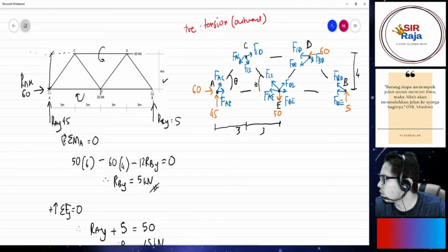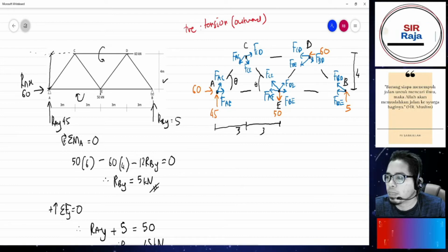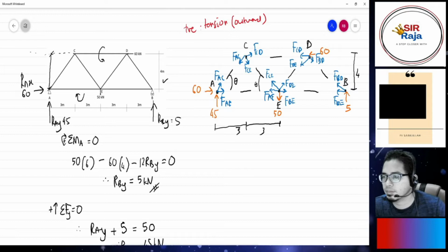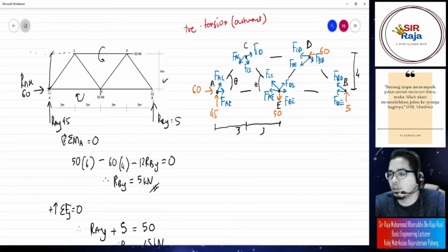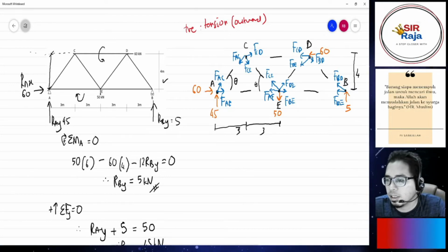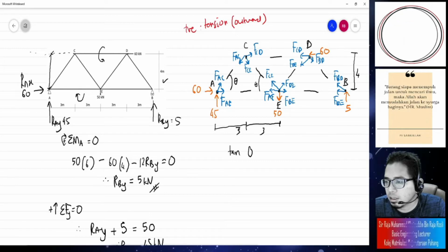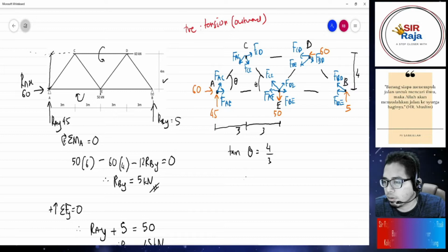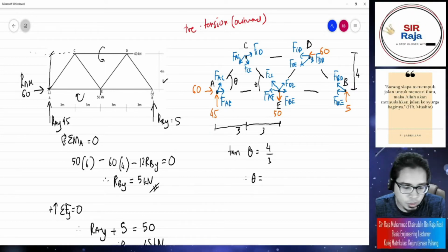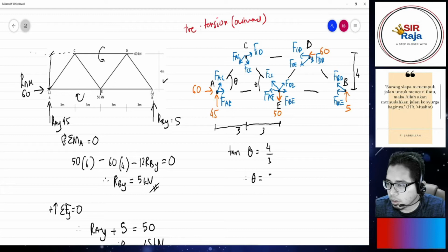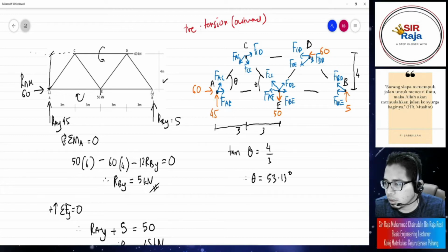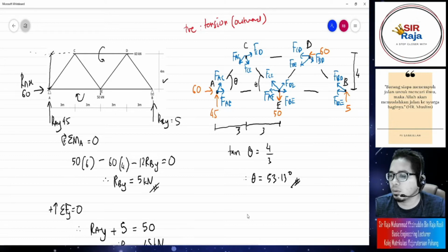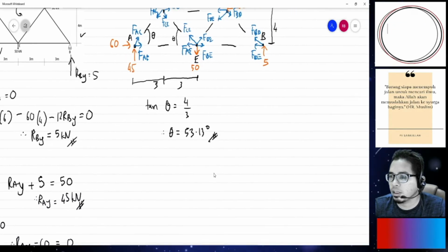So we're just going to check by using tangent theta equal to 4 over 3. Therefore, we're going to get theta equal to 53.13 degrees. Okay, so now we have all the information that we need.